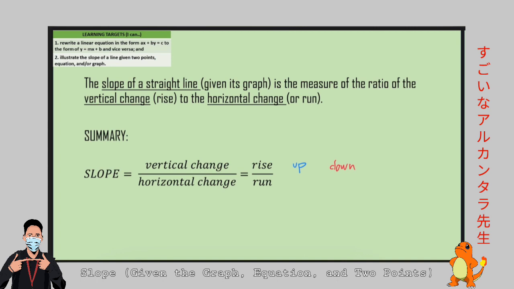While for the run, it's either we go right or we go left. The reason I'm showing it this way is so that you will be able to summarize the concept. Meaning to say that if you're going up or going right, the sign will always be positive, while if you're going down or going left, the sign will always be negative.